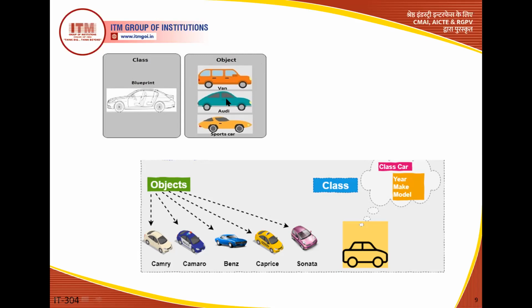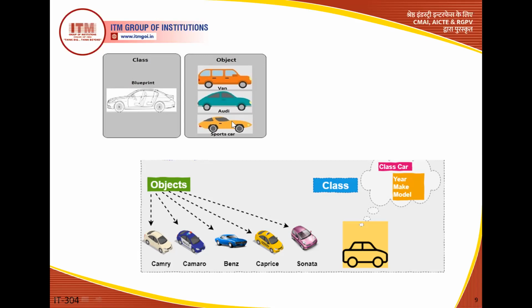Likewise the Audi also has a color, a making year and a model number. This one also has a model number, a color and a year of making.